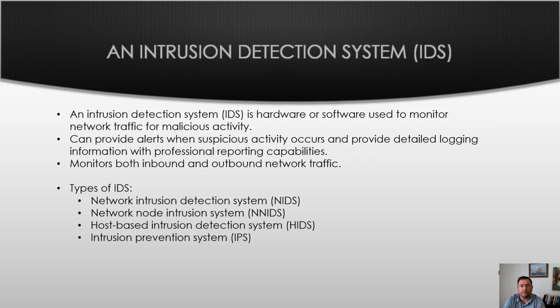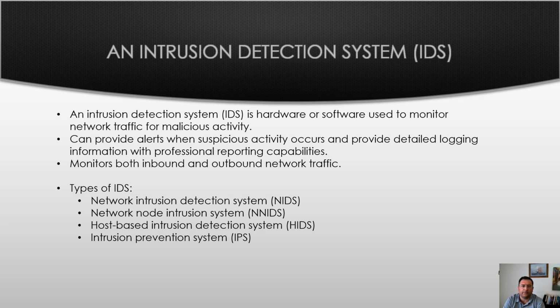A network intrusion system is a hardware or software used to monitor network traffic for malicious activity. So it can provide alerts when suspicious activity occurs and provide detailed logging information with professional reporting capabilities.